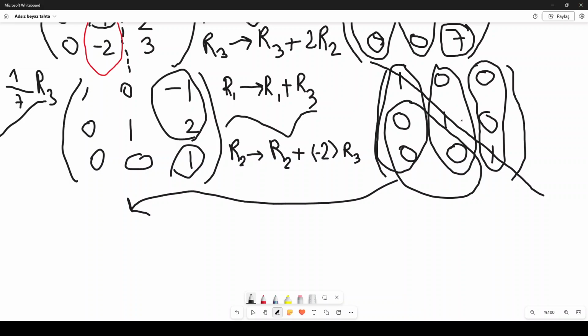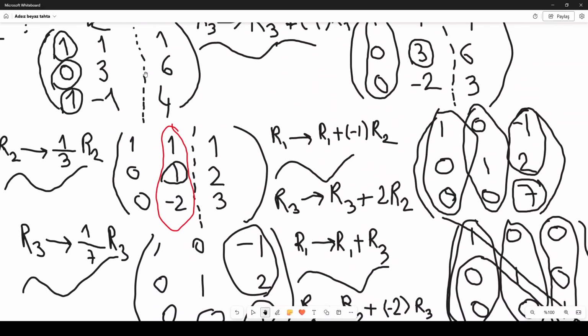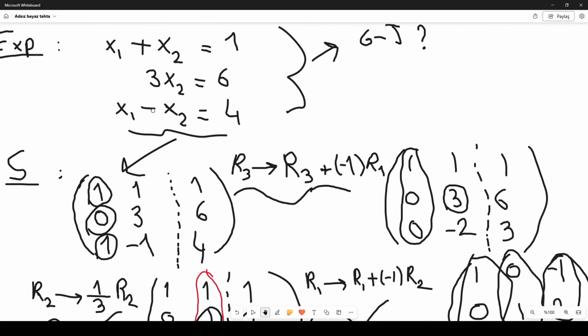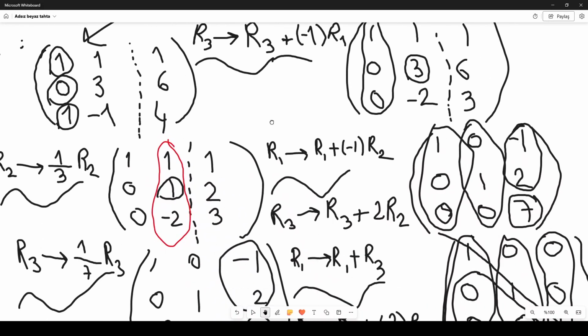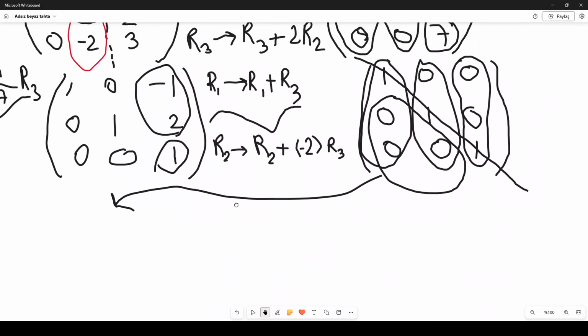Okay, now let's go ahead and see what the solution is. One thing we really notice is the last row. We have two unknown variables, x1 and x2, so let's plug them back.